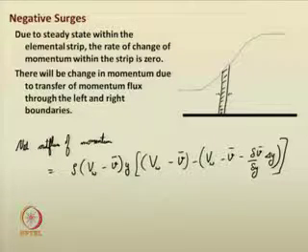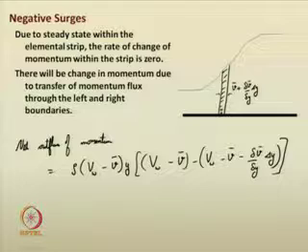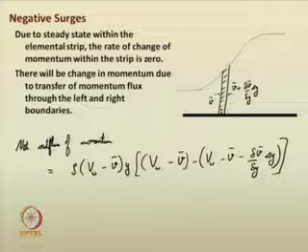This is how I can write it. You know the velocity at this location is V bar plus del V bar by del y into delta y. Here this is V bar. So again you are using the relative frame of reference, or the moving frame of reference, and you are getting the momentum equation in the following form.